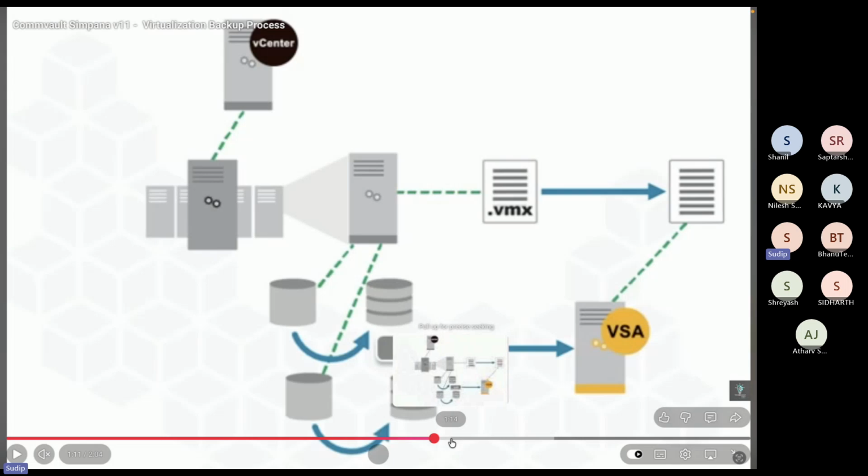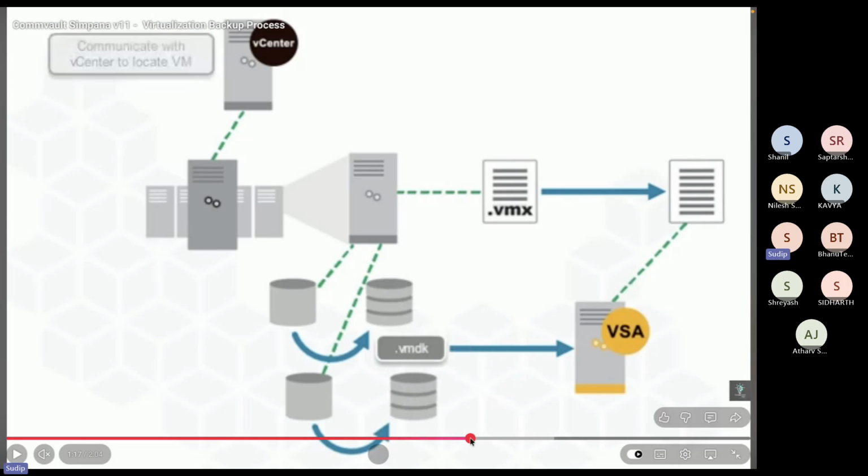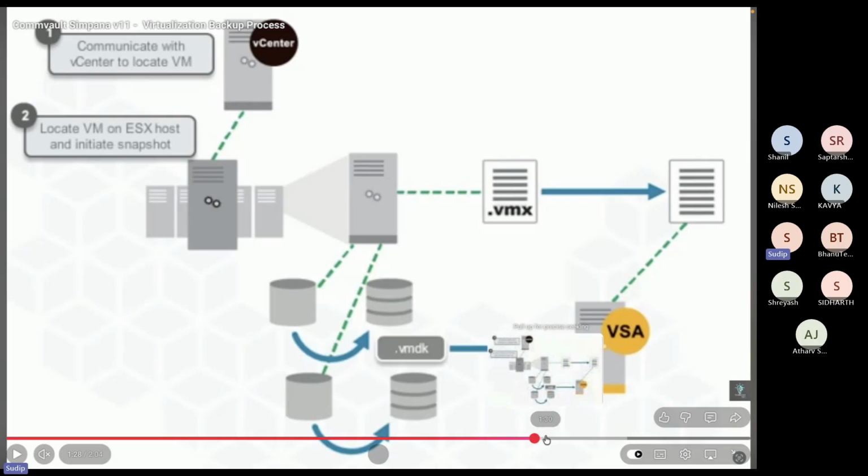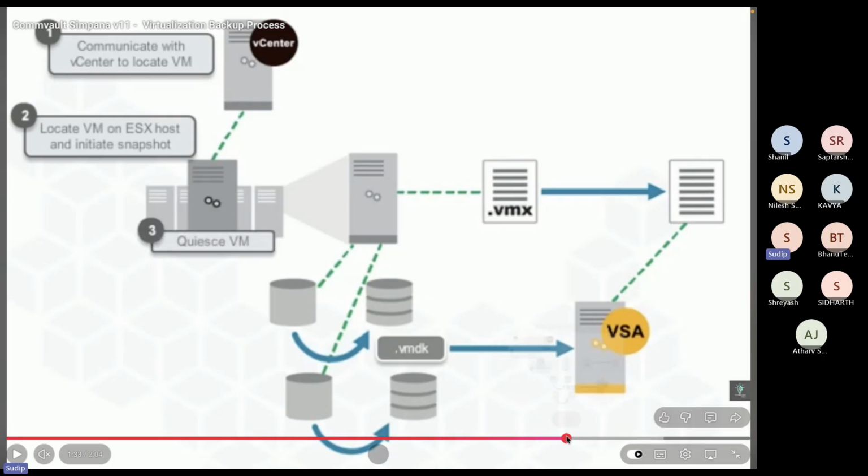And once it does a complete scan of the environment, it will allow you to start communicating with that environment and start configuring the backups for it. Once the VSA proxy has scanned the environment and identified all the virtual machines inside it, it will allow you to start configuring the backups.